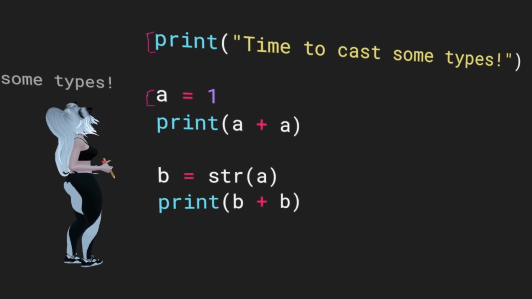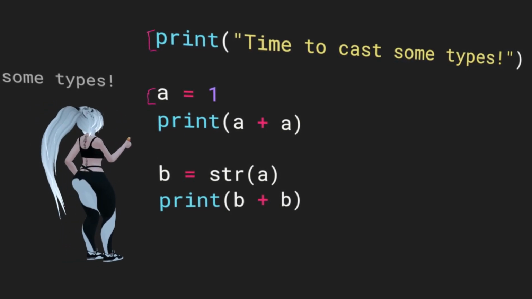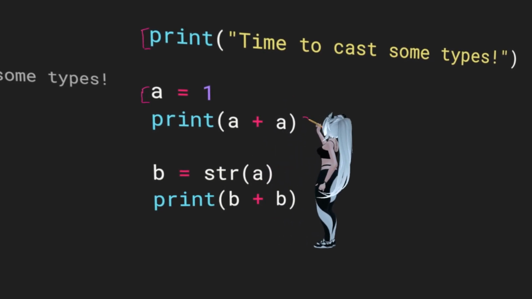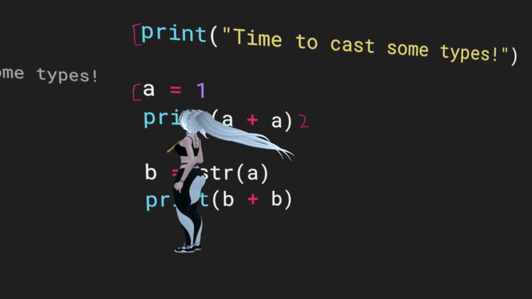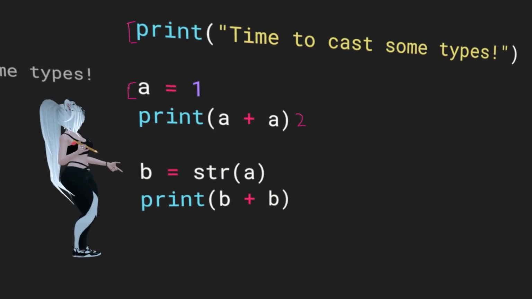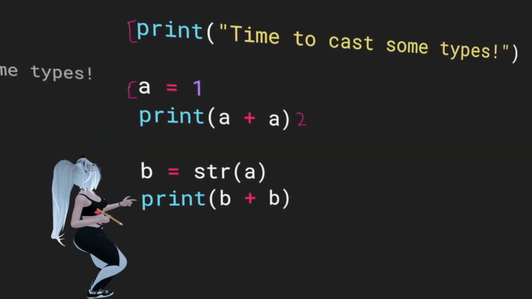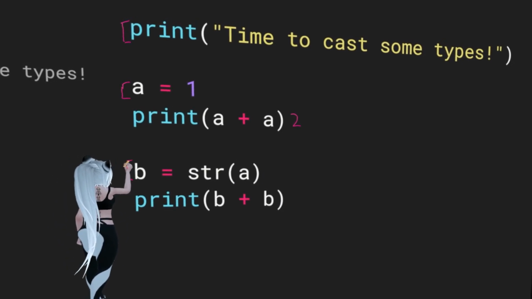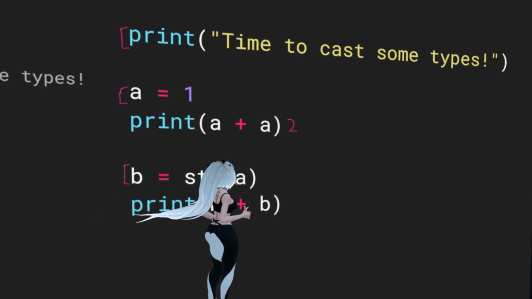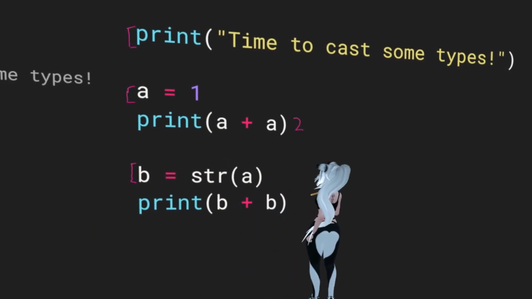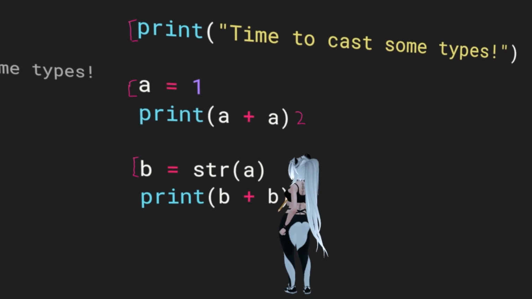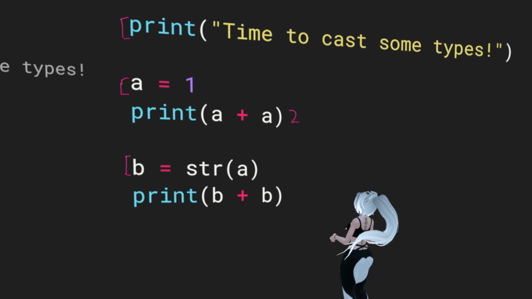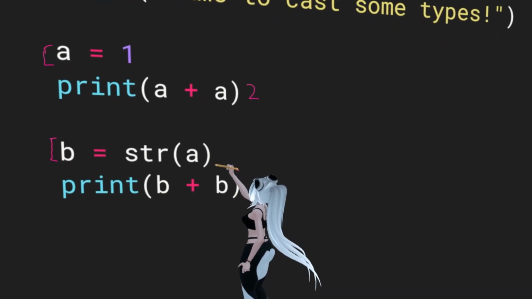Next line will be a plus a, which in this case is going to output 2. And then we ultimately end up executing b, which is a little bit fun here. This is a gotcha, and I love it when languages do stuff like this. But what it's going to do is it's going to output.